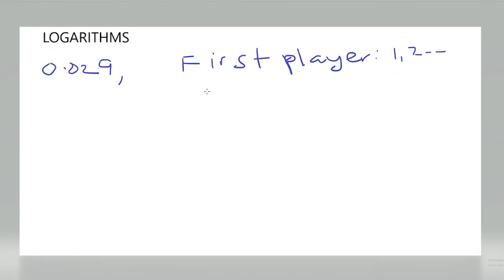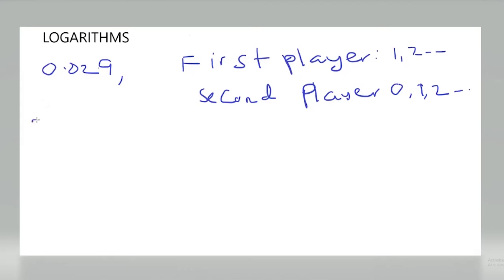The second player can also start from 0, 1, 2, etc. Now for my question here, the first player is 2, it's not 0, because the condition is the first player should start from 1, 2, etc. But the second player can start with 0. So here my first player is 2.